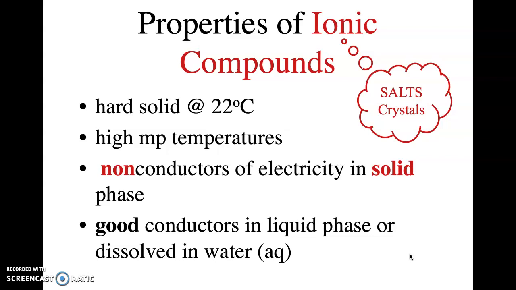Metals are great conductors in solid or liquid, but ionic compounds are only good conductors in the liquid phase, dissolved in water. AQ means aqueous. Keep in mind, when we talk about ionic compounds, we're talking about salts and crystals. That's all we're speaking of.